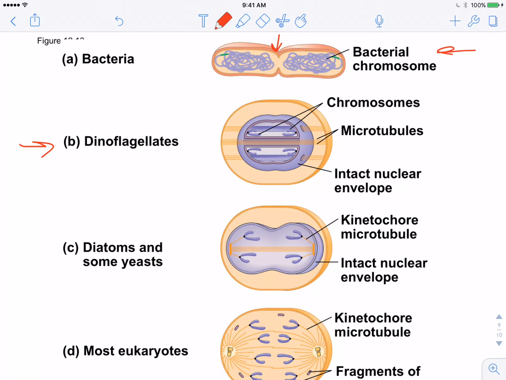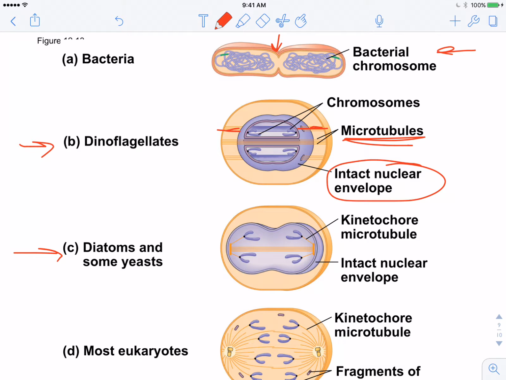Dinoflagellates, which are a kind of primitive protist, are eukaryotes, so they do have a nuclear envelope, but the nuclear envelope remains intact during mitosis. The microtubules pierce the nuclear envelope to move the chromosomes around.